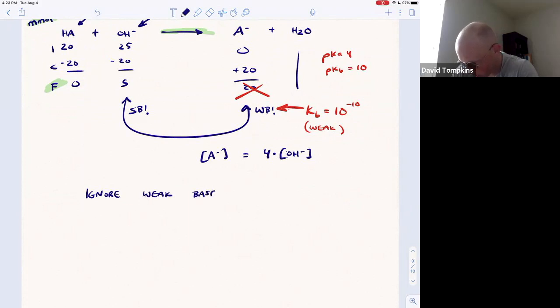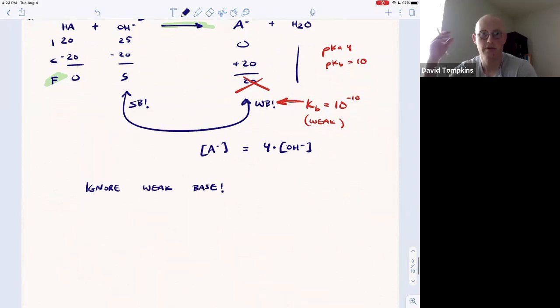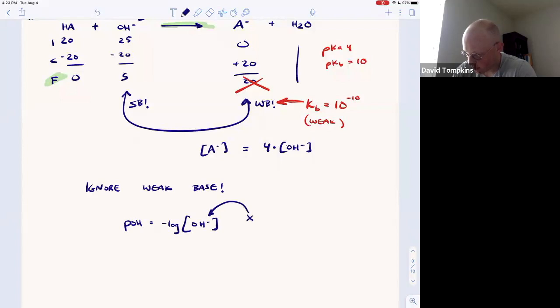And that is true always when you have a solution of strong base and weak base. You ignore the weak one and you say the pOH is the negative log of the concentration of hydroxide that comes from the excess strong base, because that's going to dominate the solution.